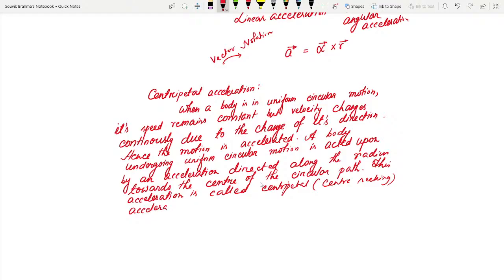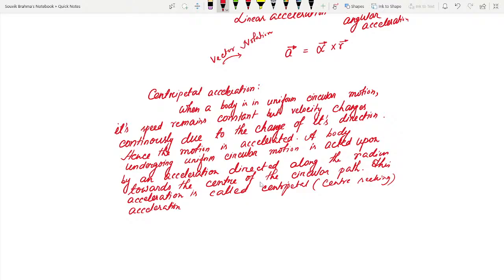So therefore what I can say is that when a body is in uniform circular motion, its speed, the magnitude, is constant, but the direction is changing, so the velocity is continuously changing. If there is a change of the velocity, therefore it is accelerated, and a body undergoing this uniform circular motion is acted upon by an acceleration which is directed along the radius, along the radius of the circular path, and towards the center of the circular path.